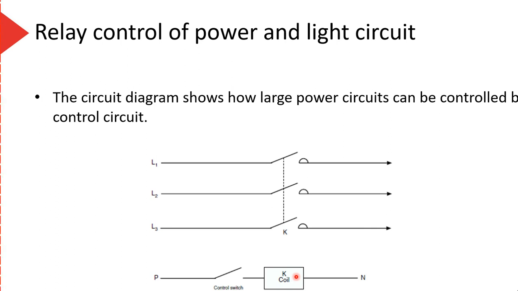Alright, so relay control of power and lighting circuit. This is a simple diagram showing how power circuits are controlled by a control circuit, which is the whole point of this. We have the control switch down here, or we can have a whole control circuit down here with stop buttons, start buttons, and so on. We have our coil. That coil switches these contacts here. When the coil is energized, it pulls those contacts in, L1, L2, L3.